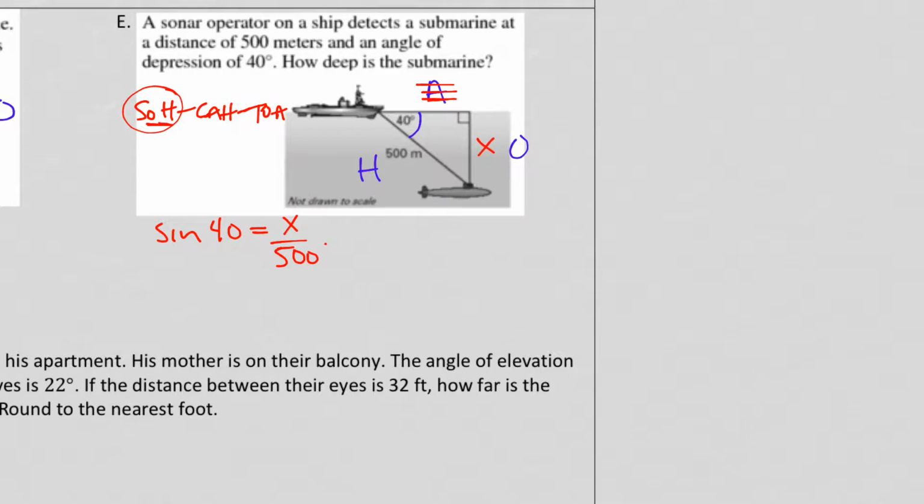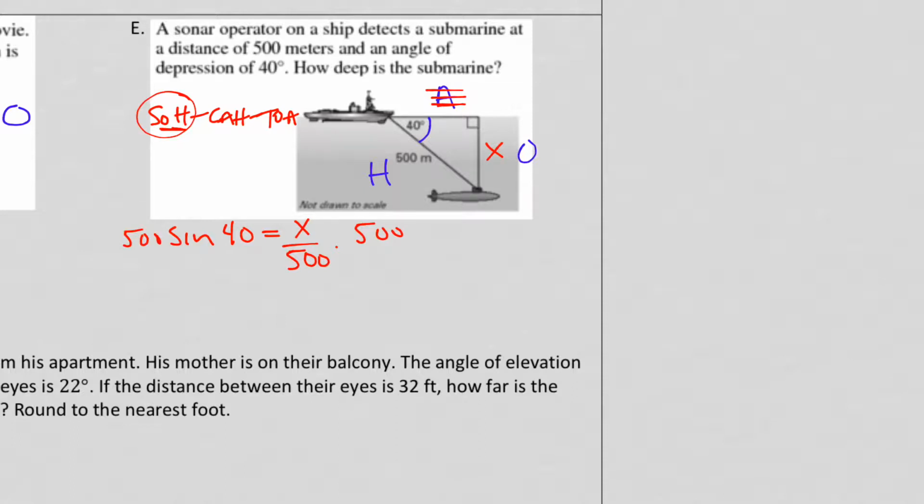And then I solve. So multiply by 500 to both sides. So again, with the calculator, I just press 500 times sine of 40. And I get that the depth of my submarine here is approximately 321.3 meters. Again, that's just with the calculator.